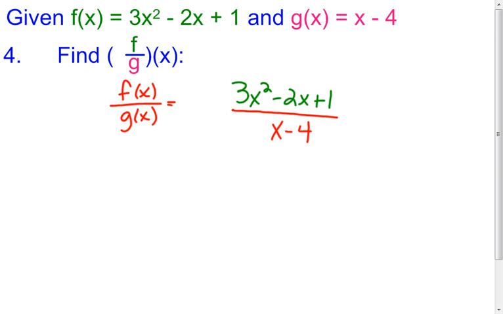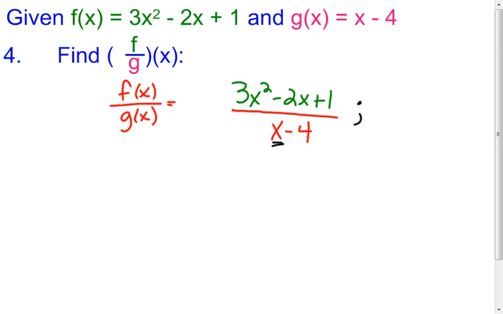The other thing you need to do is, whenever you have fractions and you have variables in the denominator, you have to think about the fact that you can't divide by 0. So when I have this x down here in the denominator, there are certain numbers that I can't plug in for x, or if I do, it will make my denominator 0.